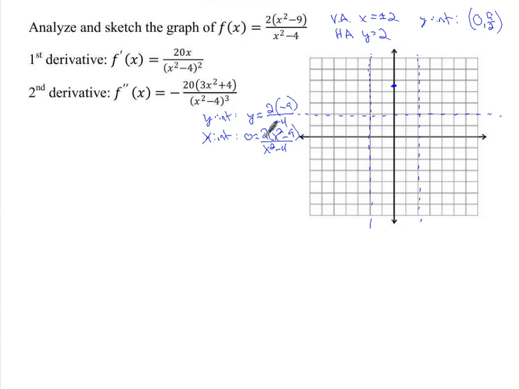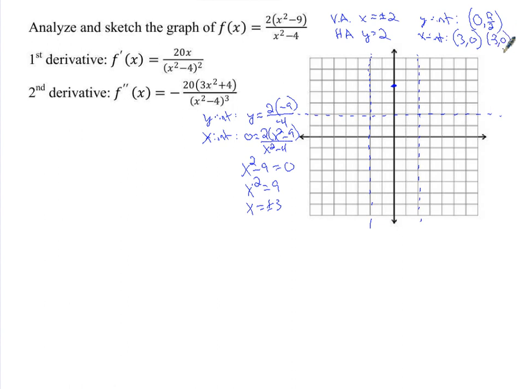I can also divide both sides by 2, and that 2 up front disappears. And then I'm going to reverse the way this is written. X squared minus 9 equals 0. So now we just solve for x. We have x squared equals 9. Take the square root of both sides. X equals plus or minus 3. So over here I have x-intercepts of 3, 0 and negative 3, 0.